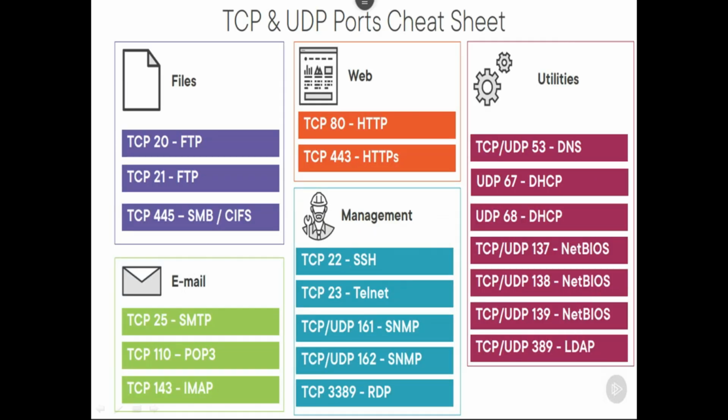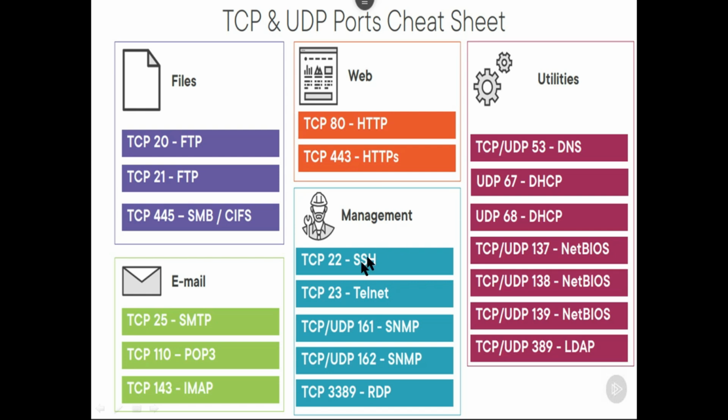And this is the TCP/UDP port cheat sheet, for easily remembering all the ports and the protocols. If you can see the picture, in files, FTP uses TCP ports 20 and 21, SMB/CIFS uses TCP 445. In email, SMTP uses TCP 25, POP3 uses 110, IMAP uses 143. In web, HTTP uses TCP port 80, HTTPS uses TCP 443.